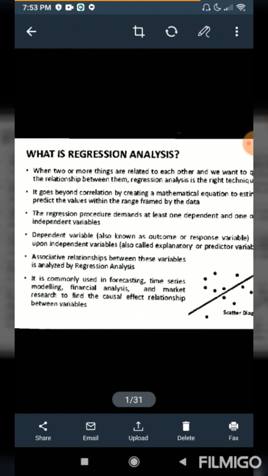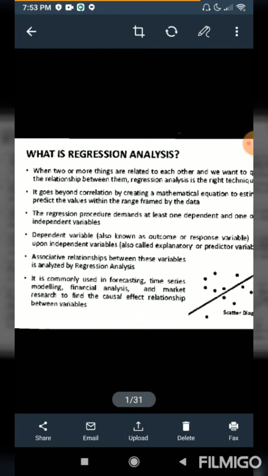And why do we want to make this prediction? Obviously for the dependent variable. Whatever sample we have collected is only to make predictions about and to explain the behavior of that particular dependent variable. That is why it is dependent.